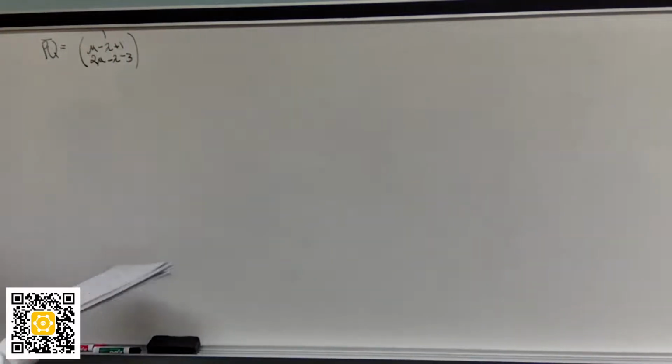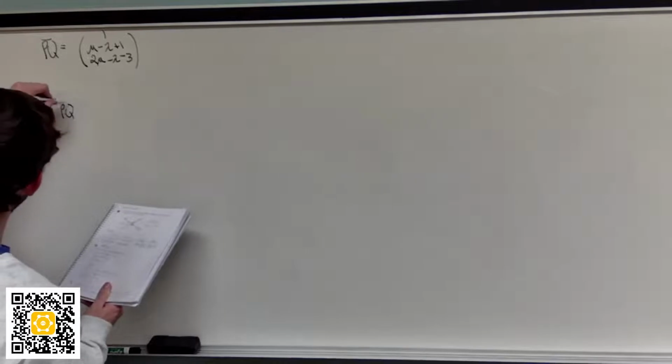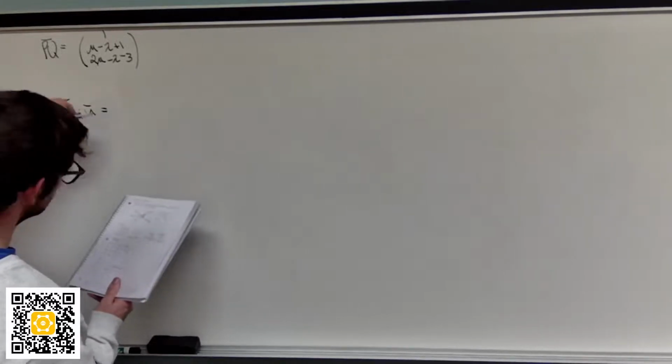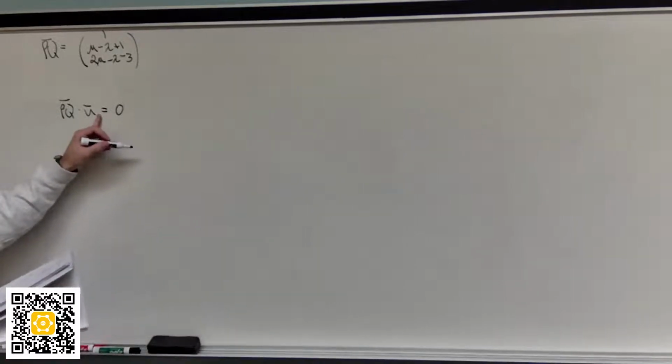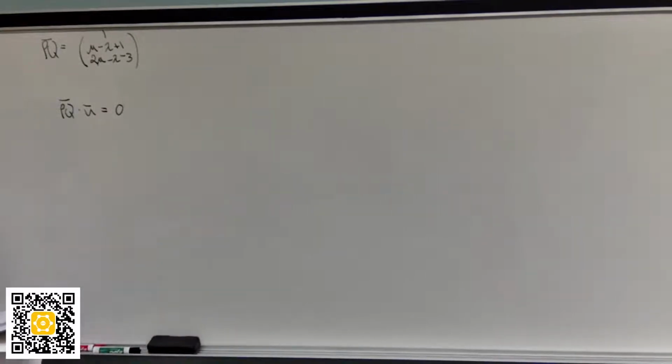Let's solve the first one. First one was PQ times U. That should equal 0. If we were to expand this, what would it be? The dot product. It would be the U vector times the PQ vector equals 0, like the formula of the dot product.